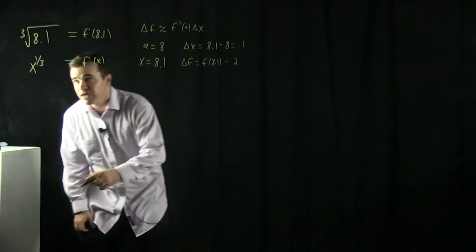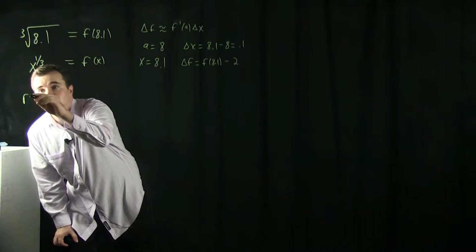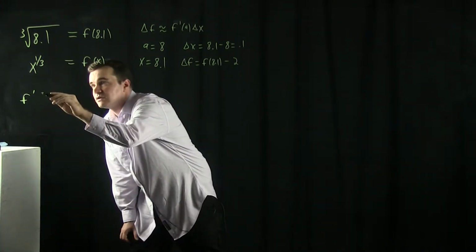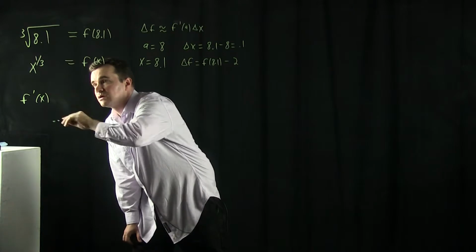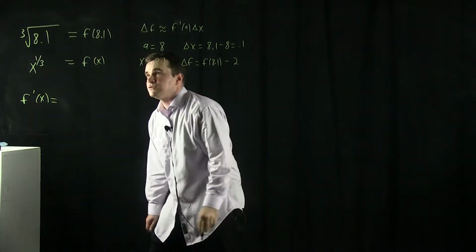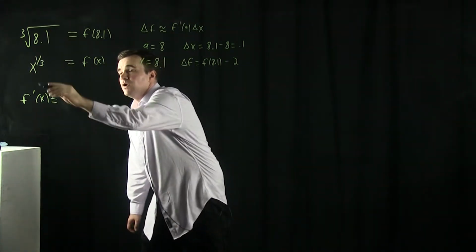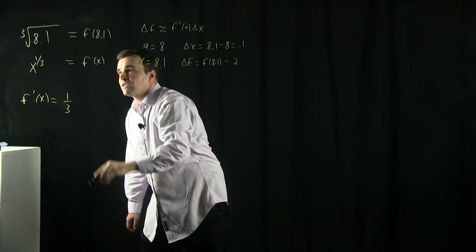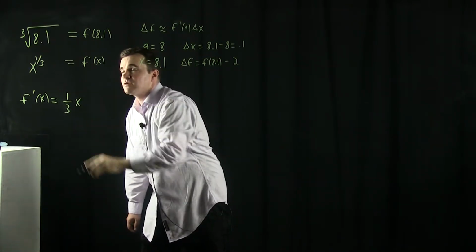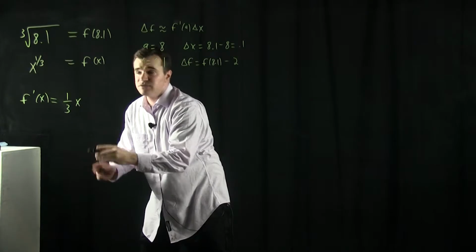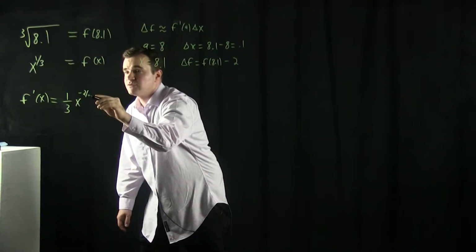You can just say f prime of x is equal to, well, using the power rule, that 1/3 comes down times x, and you raise it to the power of 1/3 minus 1. So you're going to get x to the minus 2/3.